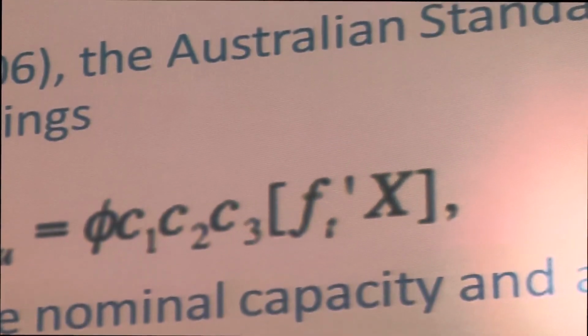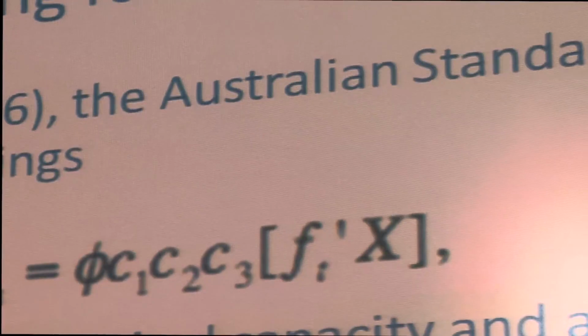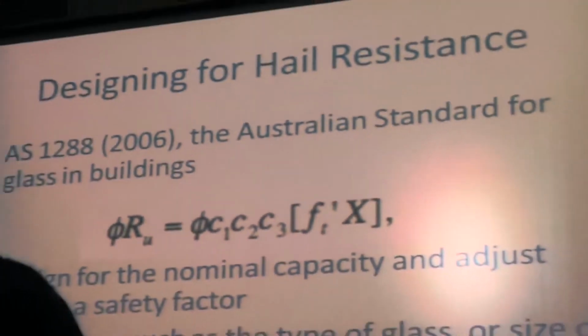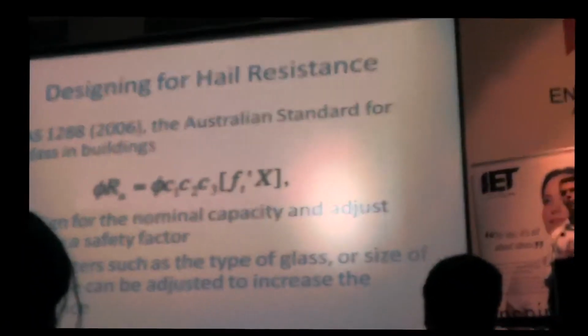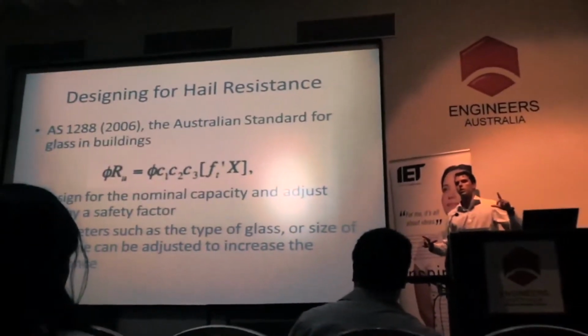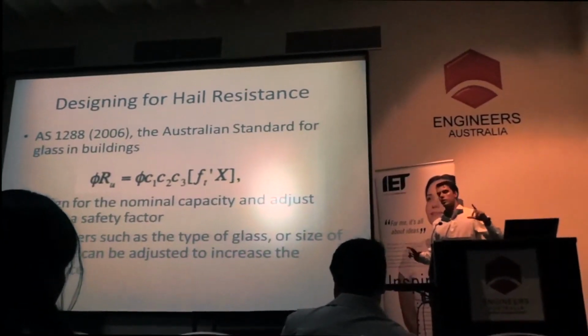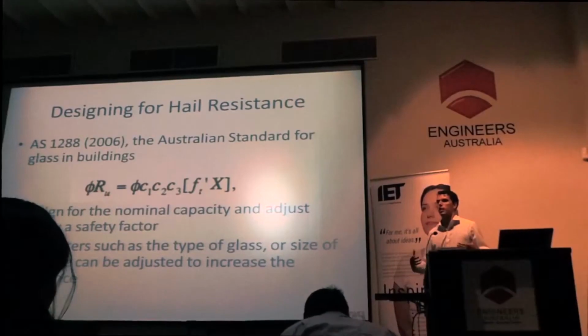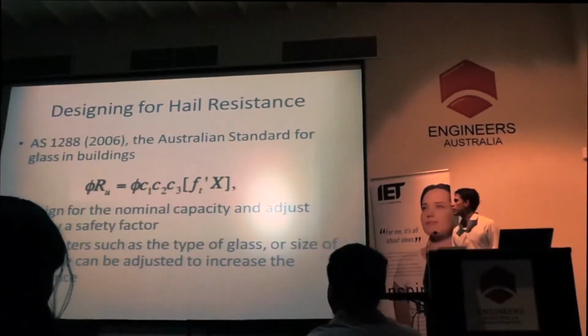So by changing either the type of glass or the geometry of the glass pane, either its thickness or its size, you can increase the resistance to hail impact. There's a sweet spot where the glass will be its weakest, and above that, as you keep increasing the size, it becomes stronger again, because the mass of that glass will be a stronger target.